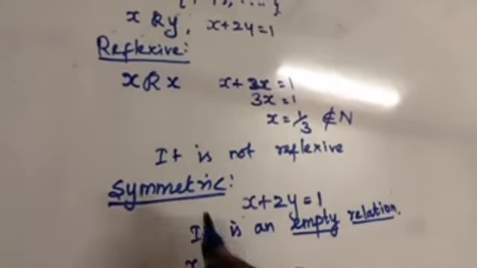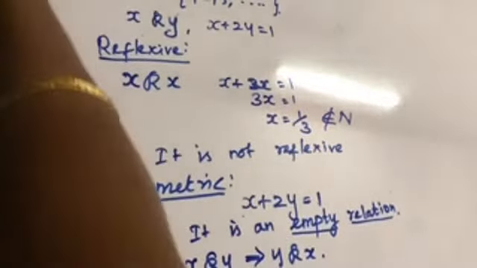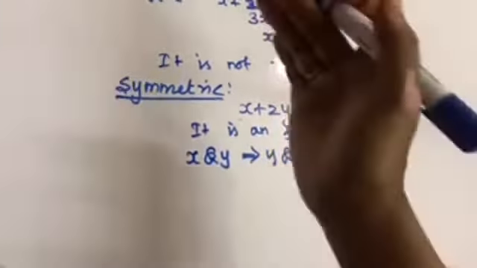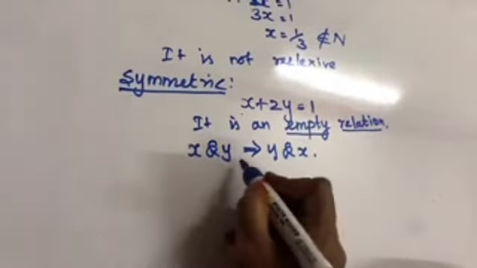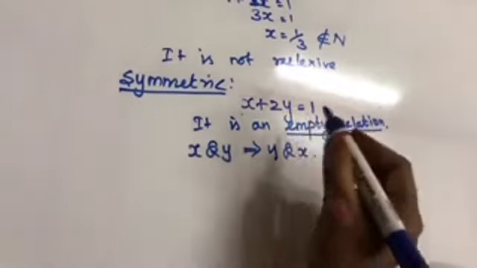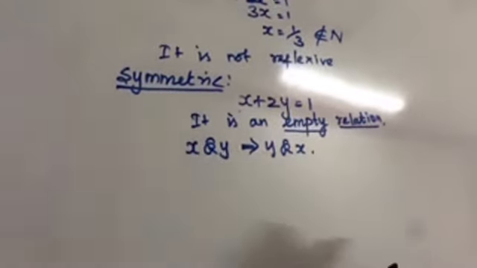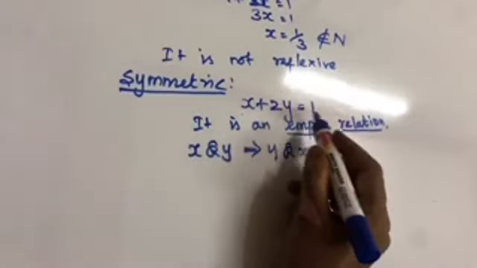To prove it is symmetric, x is related to y implies y is related to x. To prove this condition, first you should have x related to y. Even that set is empty. We couldn't find any elements to prove this condition.